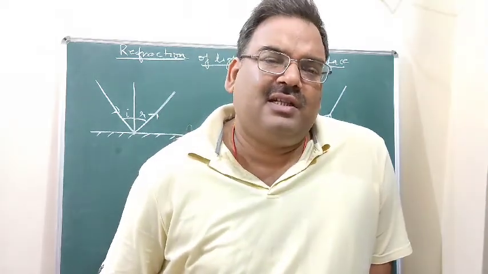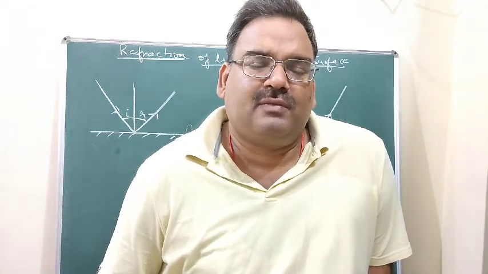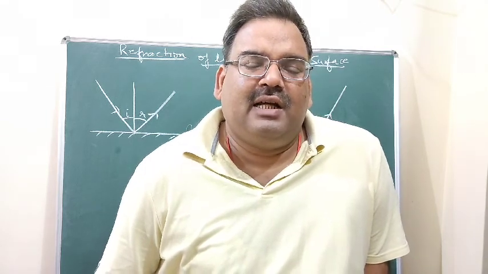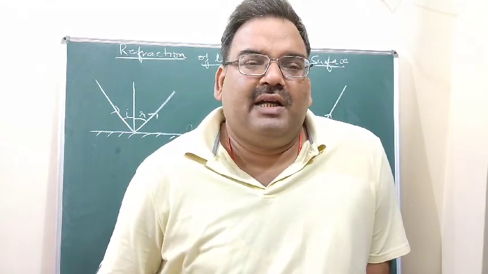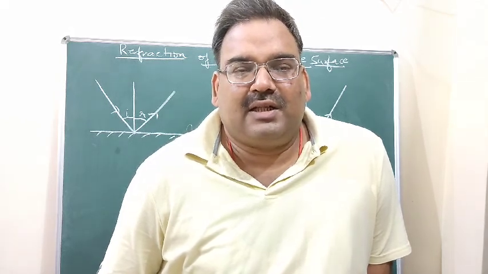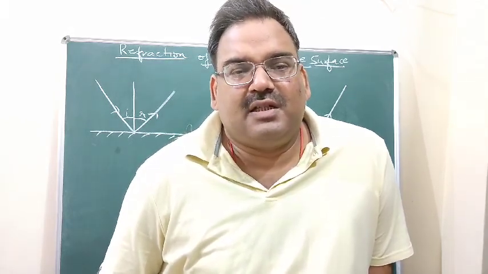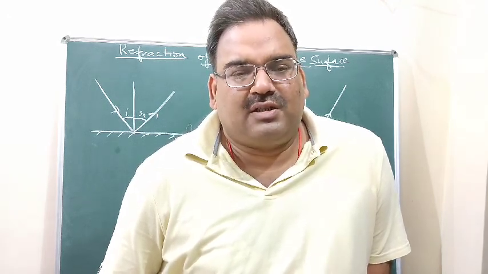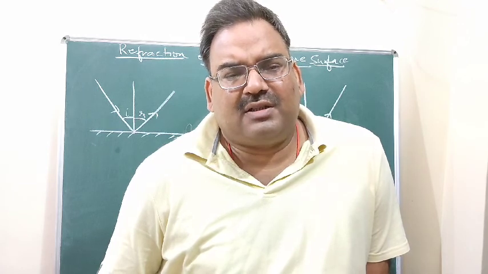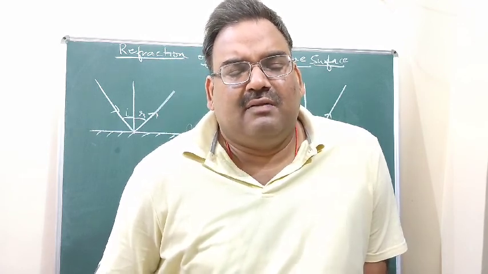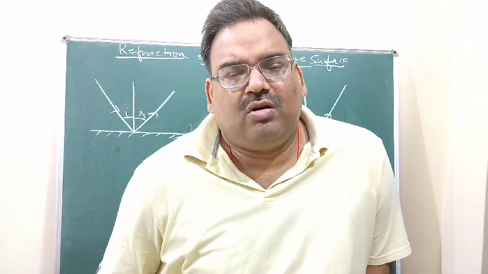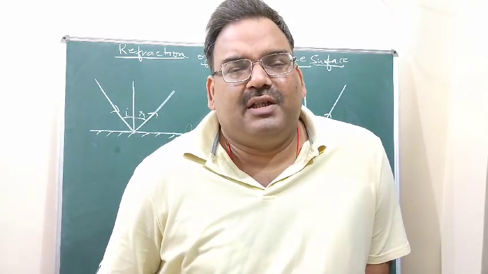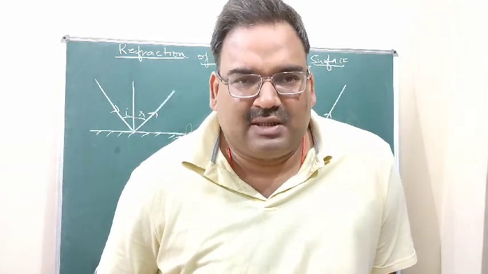This is known as reflection. Then you had also studied two laws of reflection. The first law: the incident ray, the reflected ray, and the normal lie in one plane. The second law: the angle of incidence is equal to the angle of reflection. The third thing that you had studied was that when a ray of light travels in air or in vacuum, the speed of light is 3 into 10 raised to power 8 meter per second.